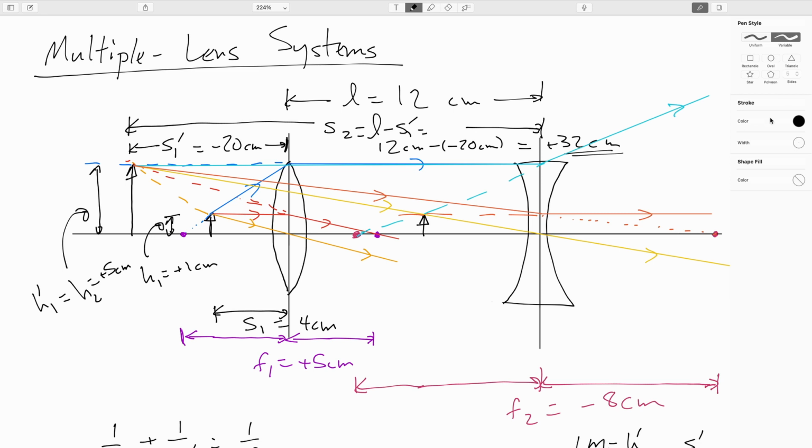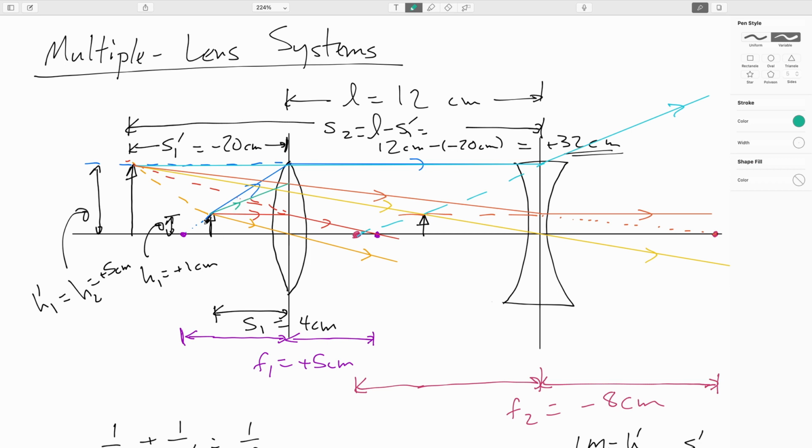Well, what this construction was really doing was allowing us to identify these two rays right here.